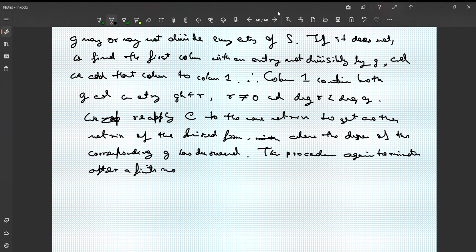This procedure again terminates after a finite number of steps to give our desired matrix, right?